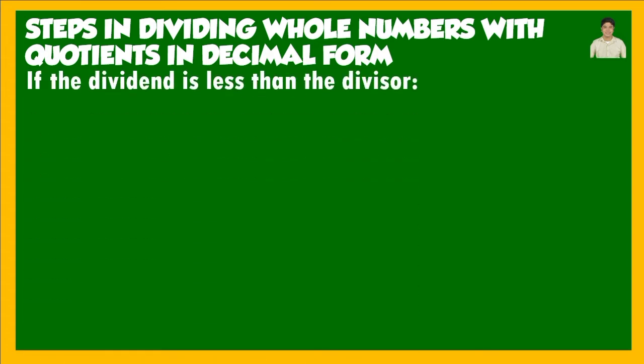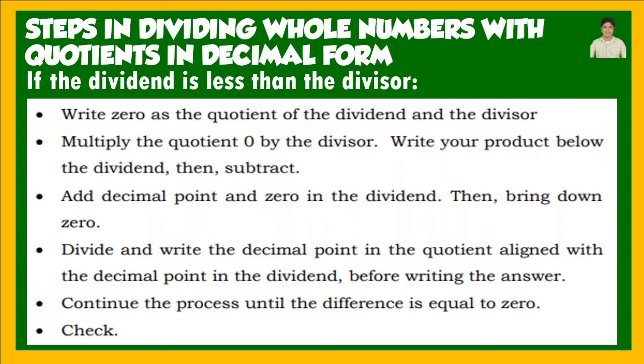The first condition is, if the dividend is less than the divisor, this means that the value of the dividend, yung nasa loob, ay mas mababa dun sa value ng divisor na nasa labas. Write 0 as the quotient of the dividend and the divisor. Since hindi naman natin madidivide yung dividend kasi nga less than siya sa divisor, isusulat po natin yung 0 sa itaas.